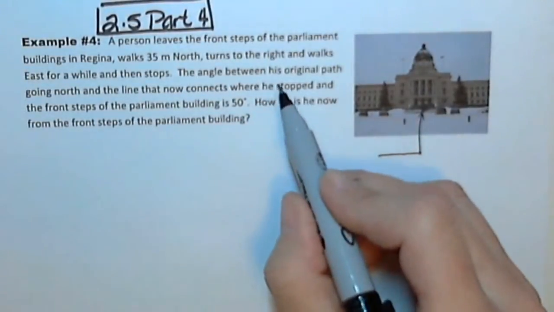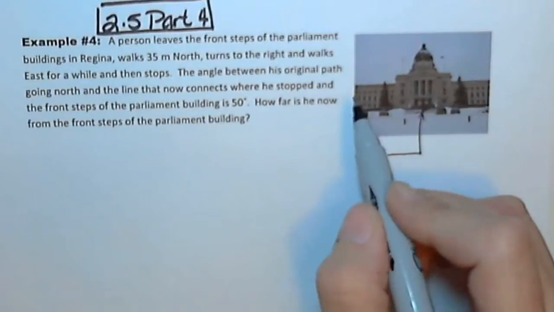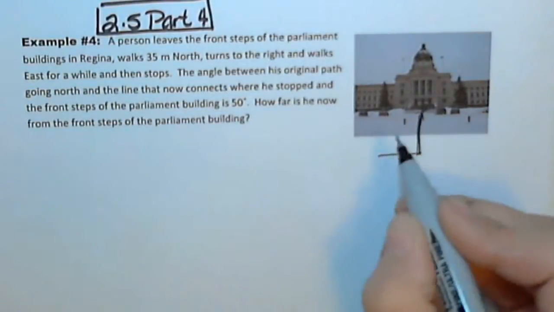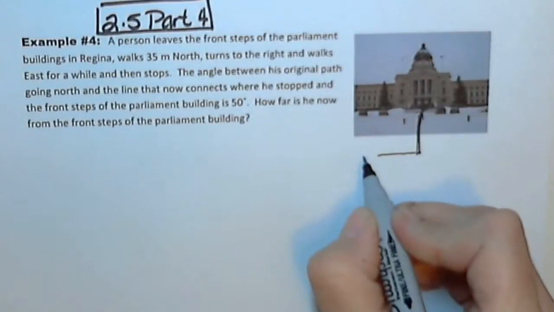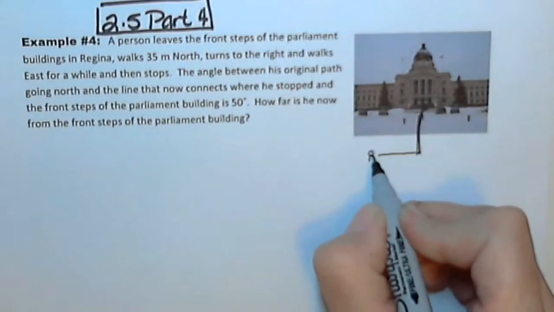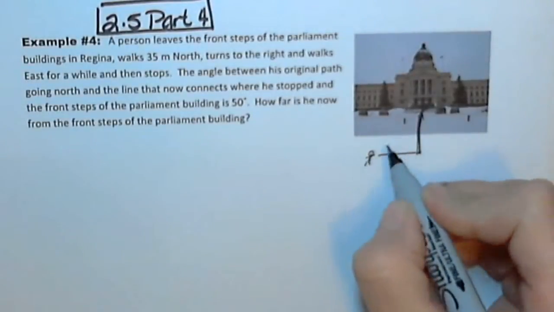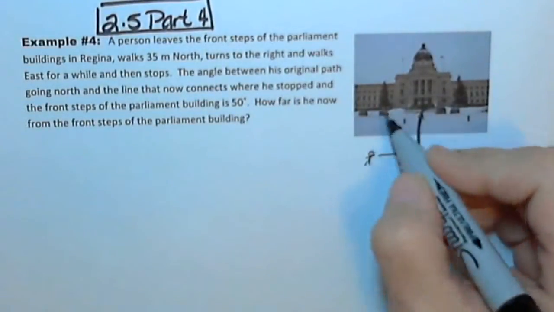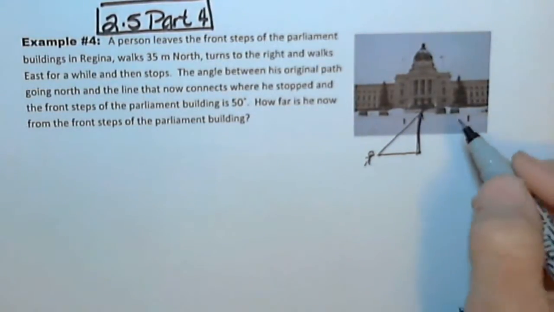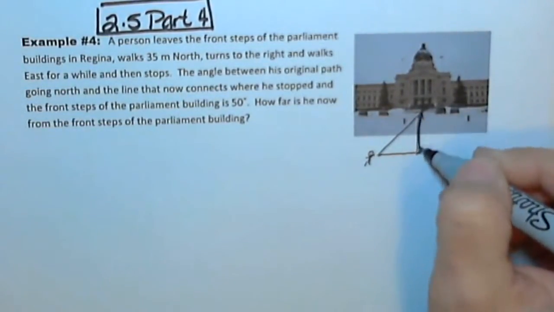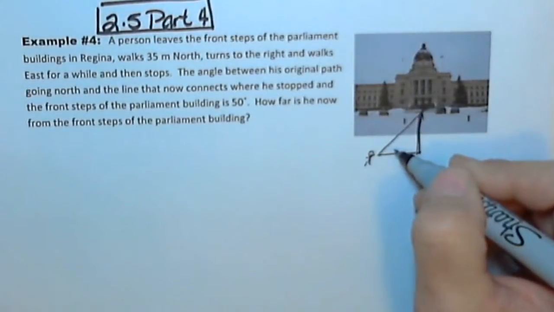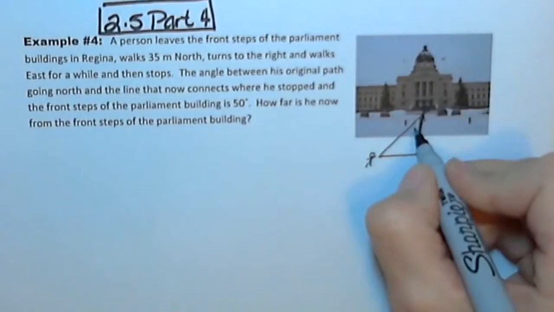The angle between his original path going north, so here's his original path going north, and the line that connects where he stops. So where did he stop? He's right here. We need to find the line that connects where he stops to the front steps. And it says the angle between this original path and the line where he stops is 50 degrees.